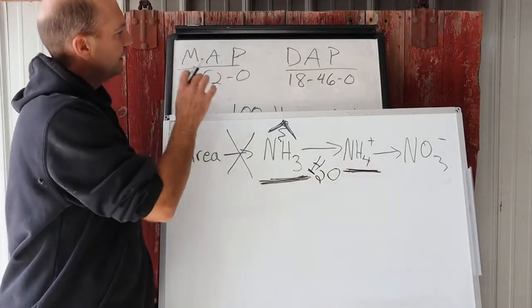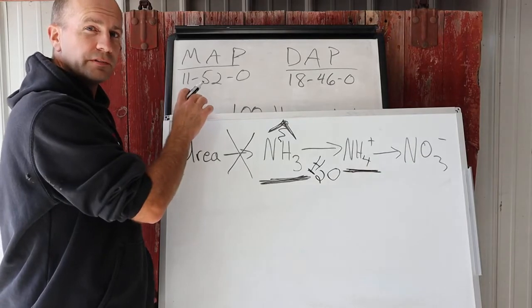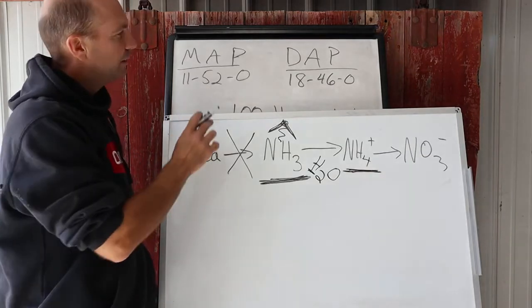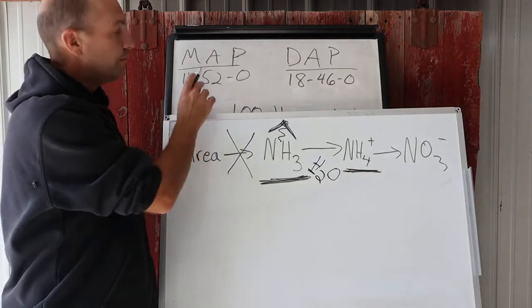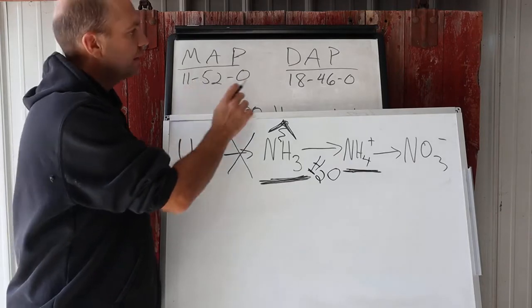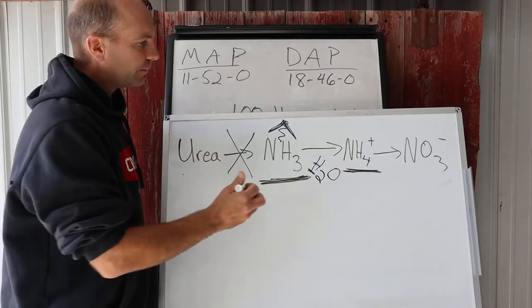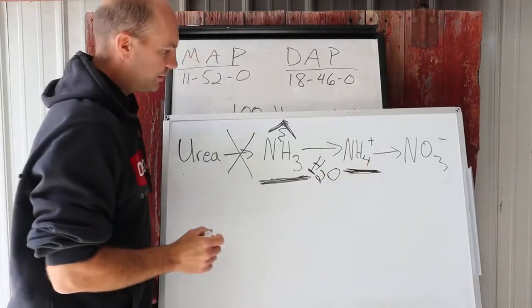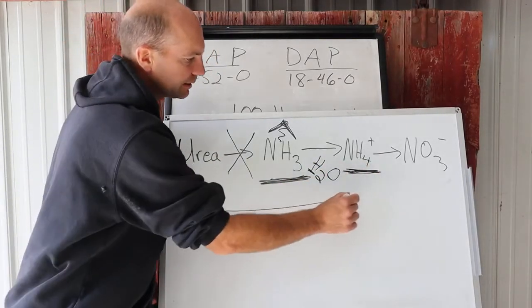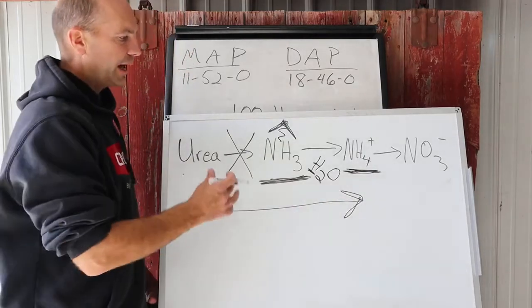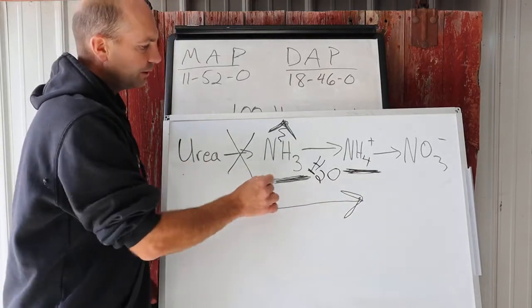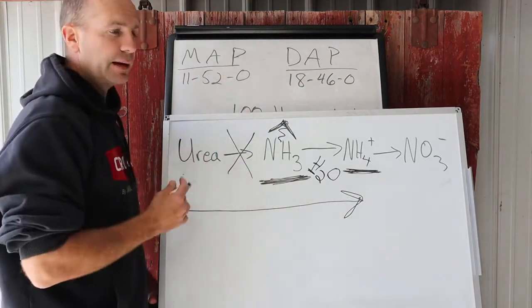Ammonium is the exact same form of nitrogen that's in MAP or DAP. MAP and DAP are acronyms for monoammonium phosphate or diammonium phosphate, but it is ammonium. And since we're in the ammonium stage, we've gone past the volatile stage. We're not dealing with ammonia in MAP, DAP, or MES.